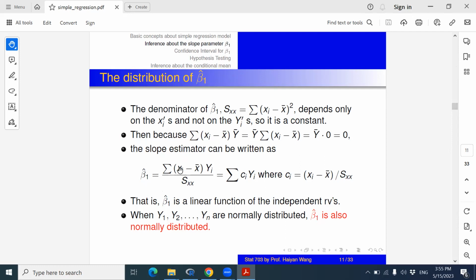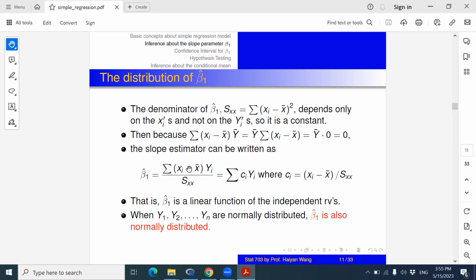And when you consider the variance of beta 1 hat, you will have xi minus x bar divided by sxx, squared. So you have the sum of the squared coefficient times the variance of yi. The variance of yi is assumed to be a constant sigma squared. So you have simply the sum of the squared coefficients times sigma squared.